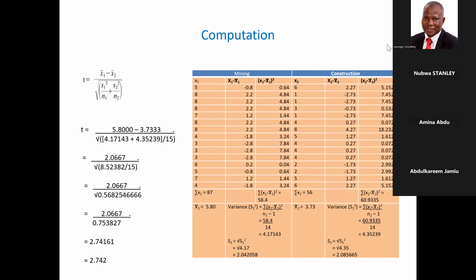Now, computation. If you look at the formula, what are the things we need to know? We want to know the mean of the two groups and the standard deviation. The sample size you already know, they are 15. But you just want to know the mean and the standard deviation.